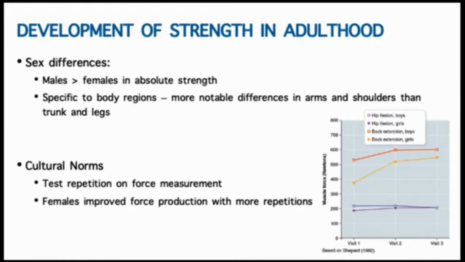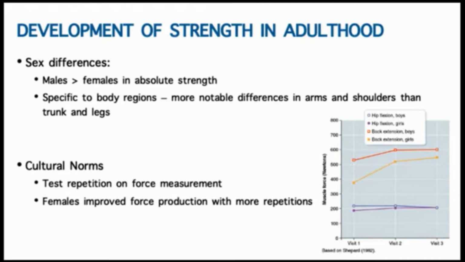In terms of development of strength in adulthood, again, same thing that we see post-adolescence, so more along the lines of young adulthood, but as we get into middle adulthood, so think later 20s up to about 50, again, males have greater absolute strength than females do.